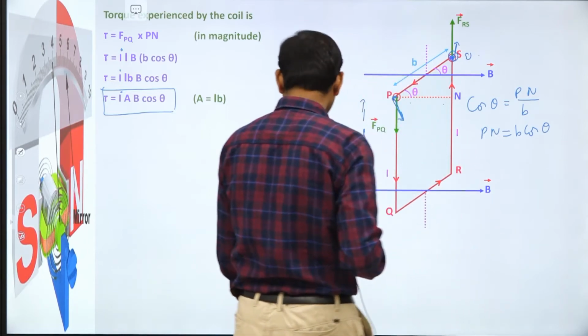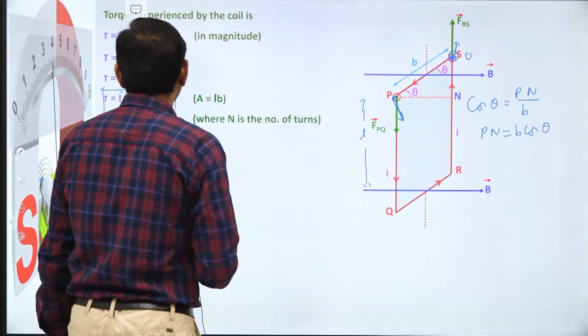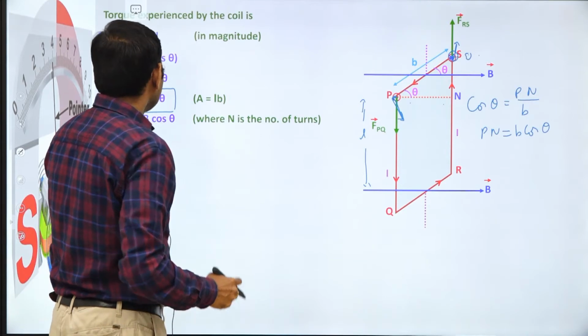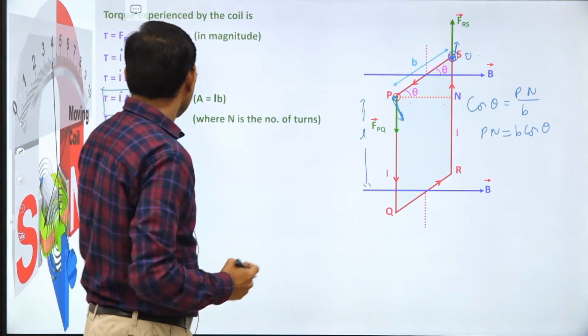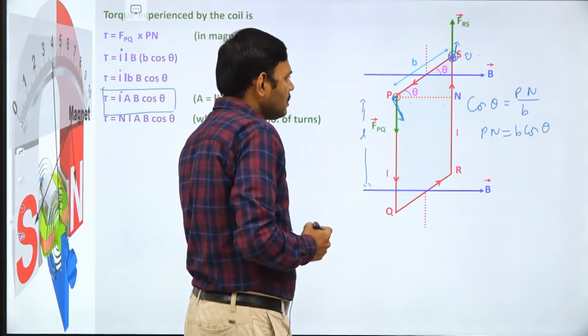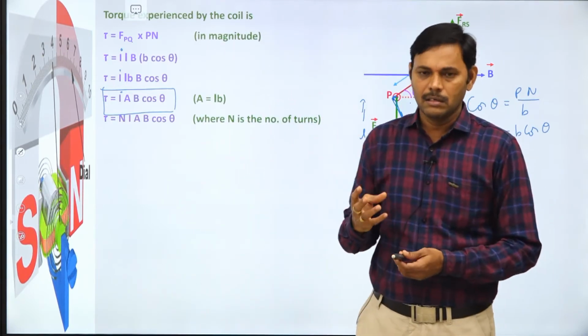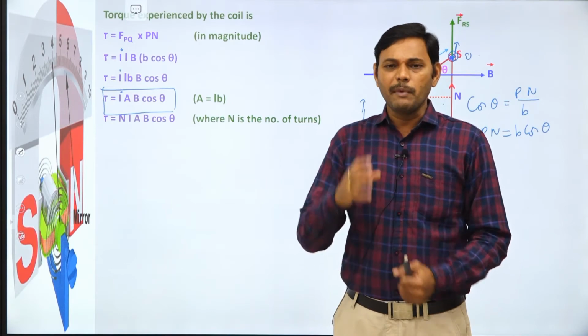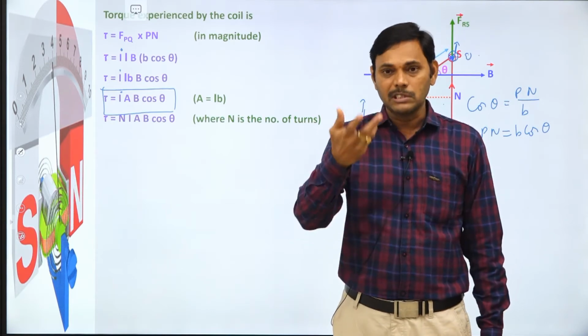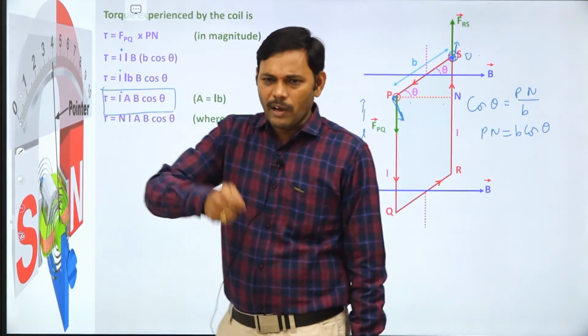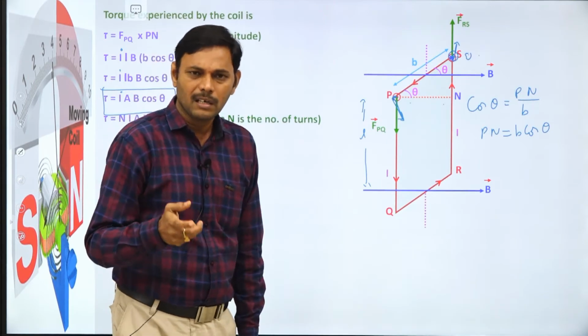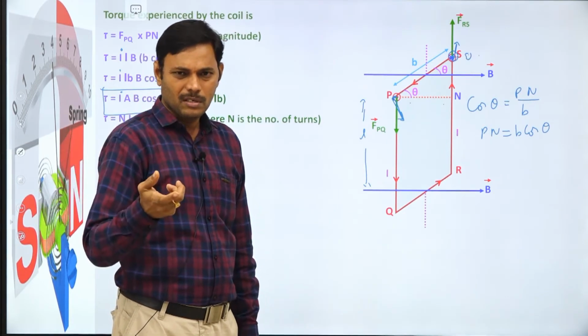Then we modify this formula. If there are n turns present in the coil, one turn may not be sufficient. If you consider a fan or a motor, it may have 1000 turns or 10,000 turns. So, a copper wire is wound as a coil with so many turns.